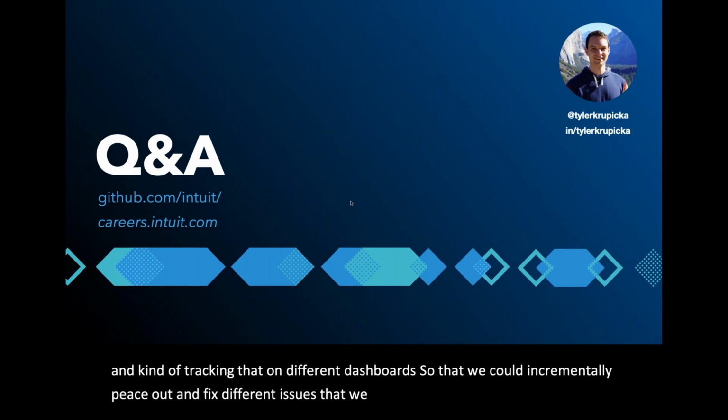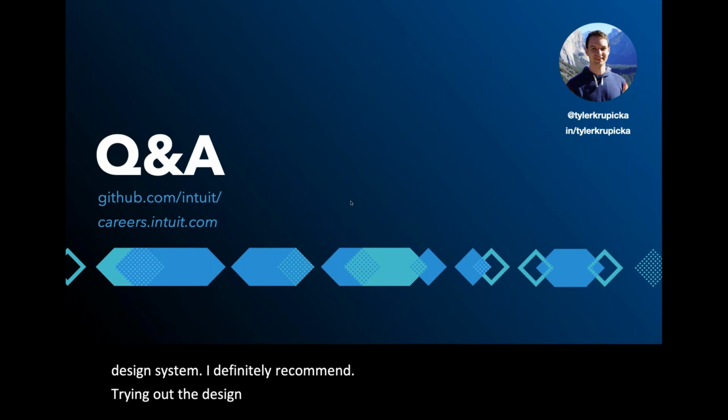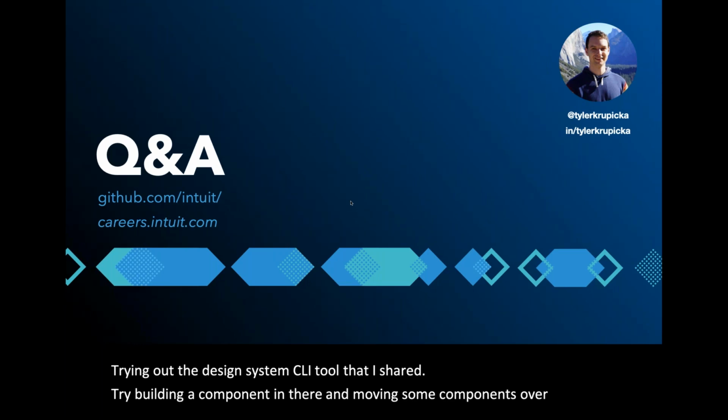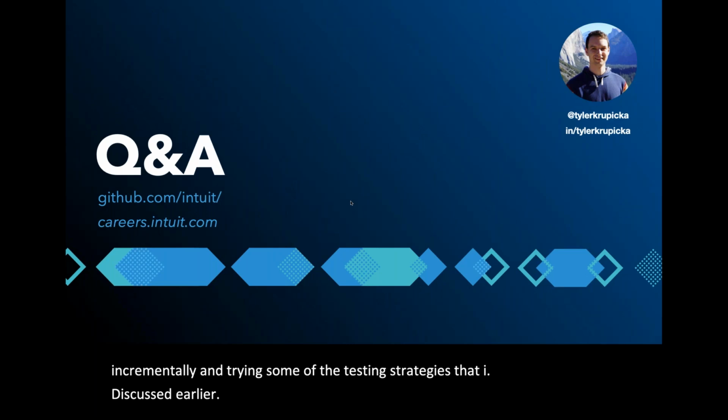But if you're switching to a design system, I definitely recommend trying out the design system CLI tool that I shared. Try building a component in there and moving some components over incrementally, and trying some of the testing strategies that I discussed earlier. So hopefully that makes sense.